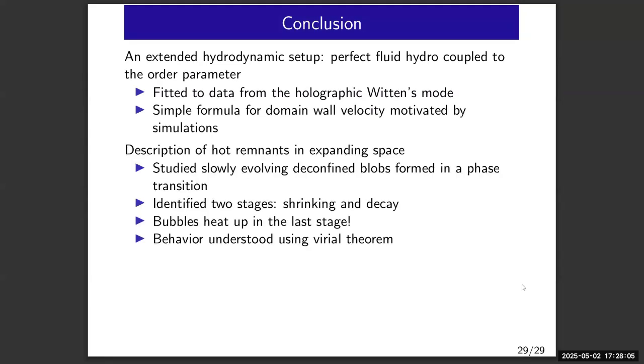But the main part of our talk today was this description of the hot remnant in expanding space. So what we did, we studied these slowly evolving deconfined blobs formed in a phase transition. And we identified two stages at late times, this shrinking of the deconfined blobs and then subsequent decay towards the confined vacuum.